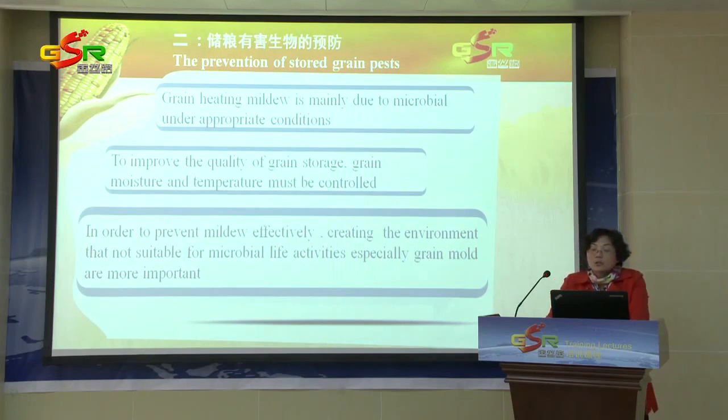That means we must create an environment that is not suitable for microbial activity, such as high temperature and low moisture. They cannot grow quickly, so we can control the grain pests.